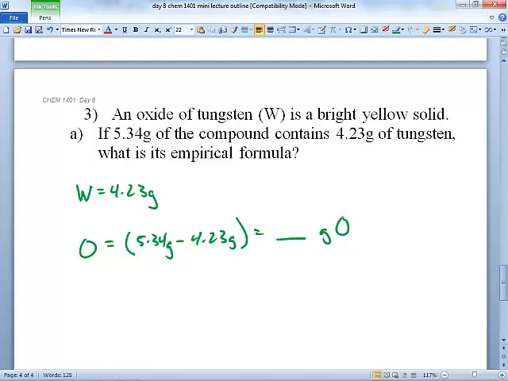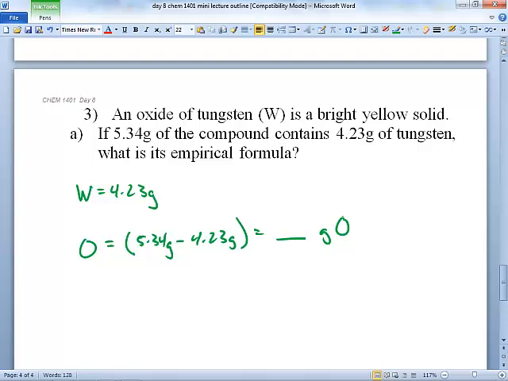The mass of the tungsten was 4.23, right? So you're going to list out the grams of each one, the grams of tungsten, the grams of oxygen, convert them to moles. So you got this one right, grams of the O. But the other one's going to be the 4.23. So it's going to be grams of the W, and then convert to moles, the grams of the oxygen, convert to moles. Then divide through by the smallest, and you got it.